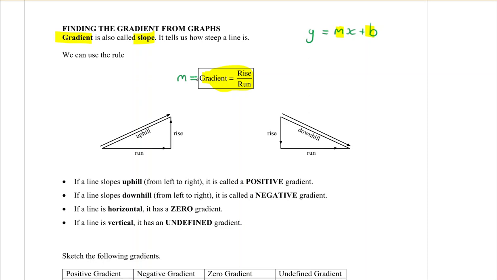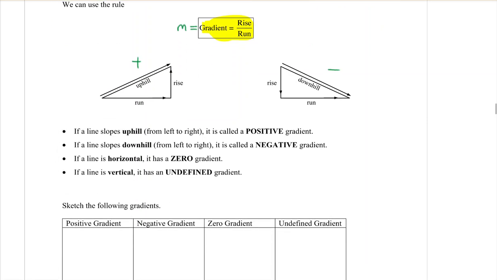If you are going uphill, that is a positive sloping gradient. If you are going downhill, that is a negatively sloping gradient. And that's what it says here in these next few dot points. If a line slopes uphill from left to right, it's a positive gradient. Downhill from left to right is a negative gradient.